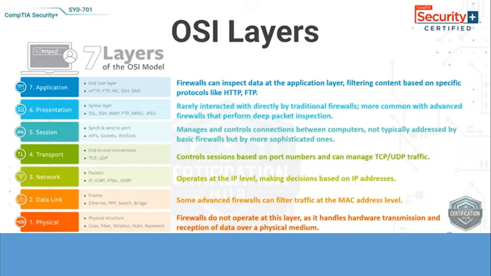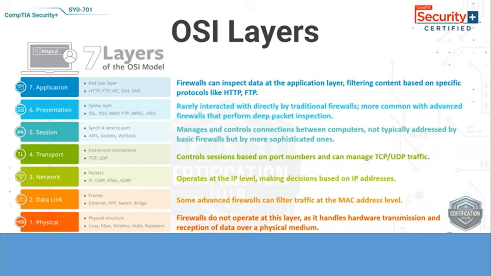The presentation layer is rarely interacted with directly by traditional firewalls, more commonly by advanced firewalls that perform deep packet inspection. The session layer manages and controls the connection between computers, not typically addressed by a basic firewall but by more sophisticated ones.